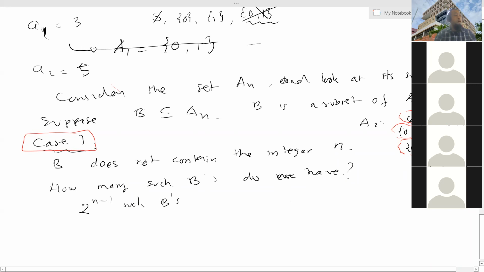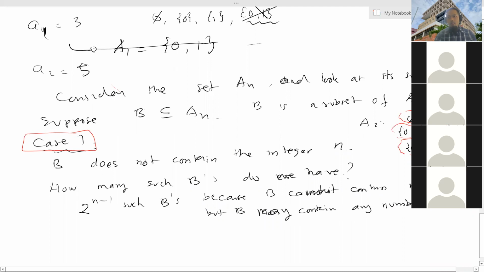Because B cannot contain n, but B may contain any number from 0 to n minus 1.